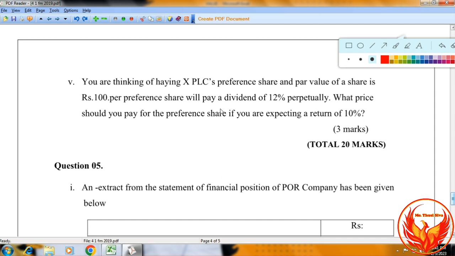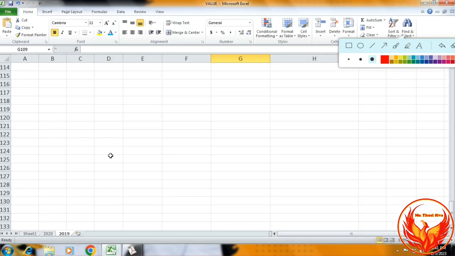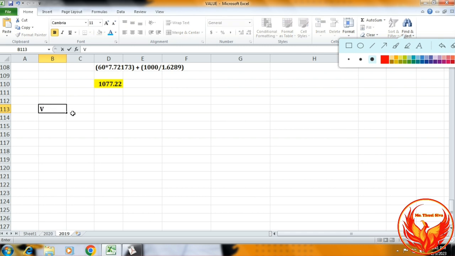This is related to preference share valuation. As per the question, par value of the preference share is 100 rupees. The fifth question.